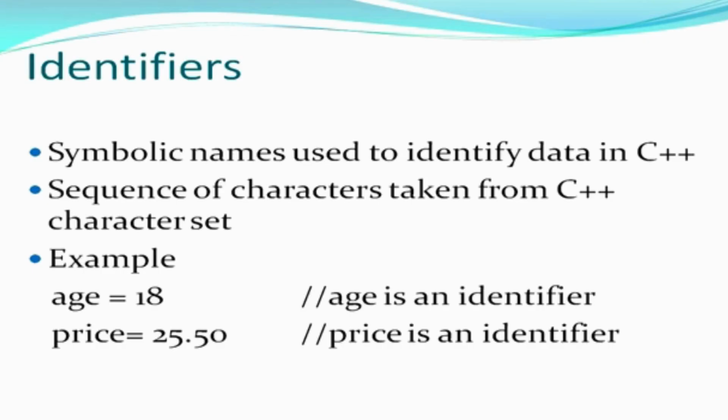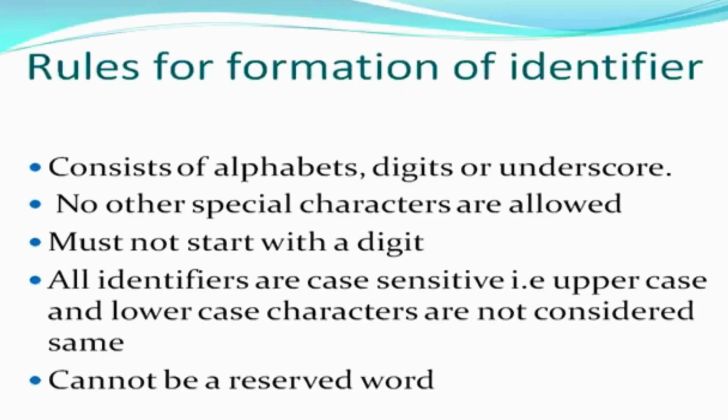Now, these identifiers are formed from the C++ character set only. Only those characters I can use which are acceptable by the C++ language. But yes, I have to use those characters to form identifiers so that data can be distinguished and identified. When I am forming an identifier, certain rules have to be followed.